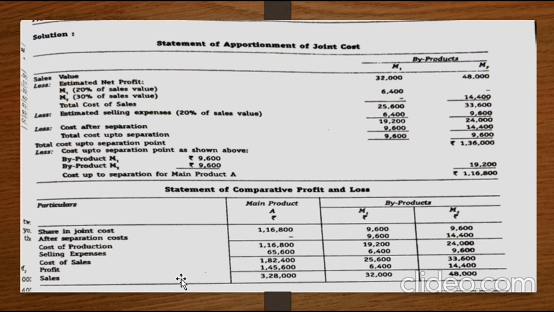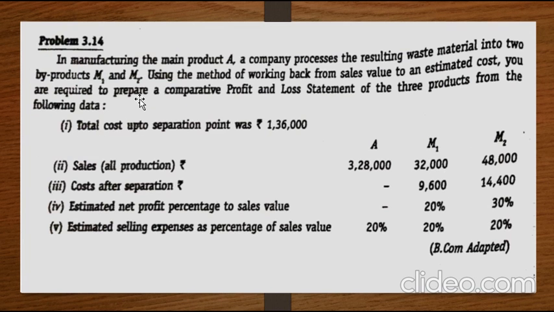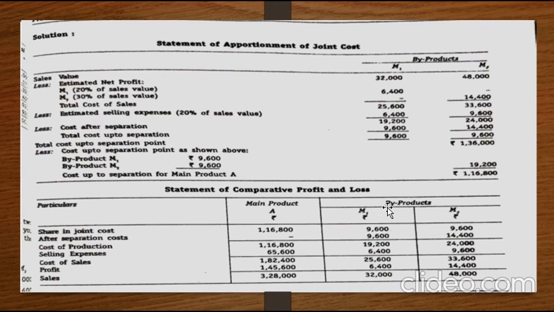So now we will add your profit to get your total sales. Your estimated profit: for A they have not given the percentage, but for M1 and M2 it is given as 20% and 30%. So for M1 20%, and 20% on what? On sales.